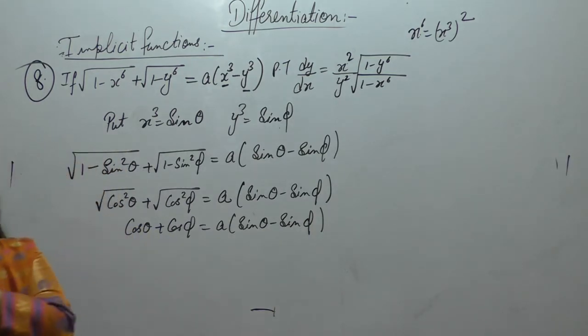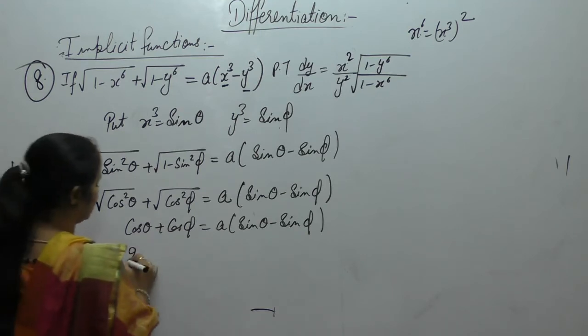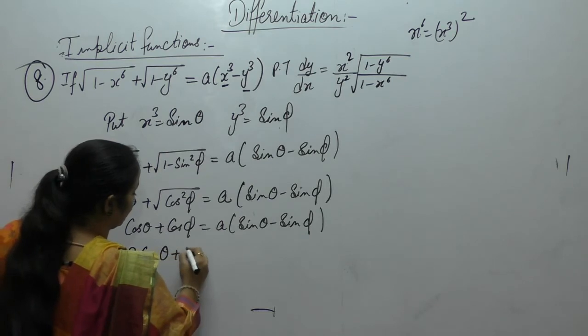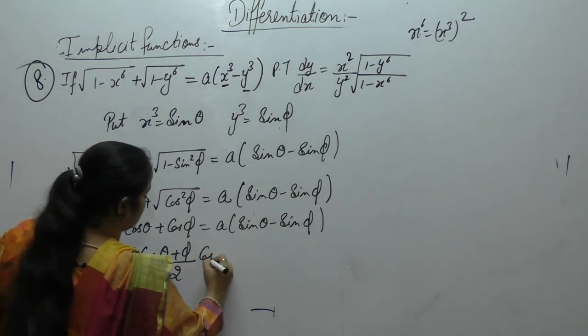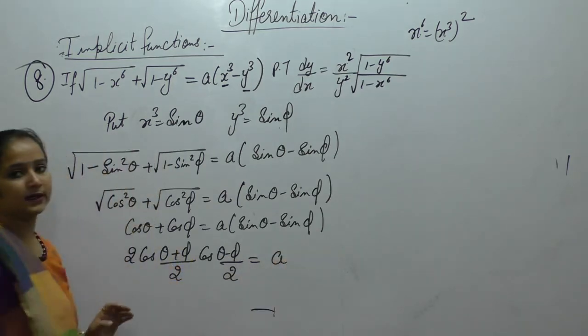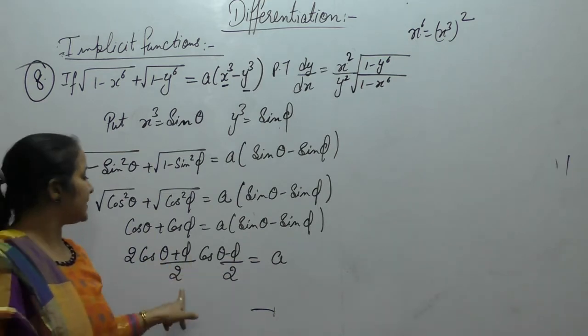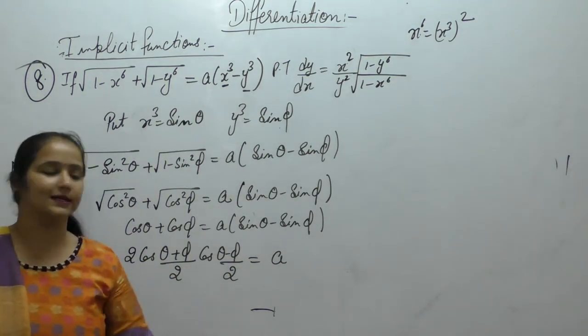We have the formula cos C plus cos D equals 2 times cos C plus D by 2 cos C minus D by 2. This is the formula: cos C plus cos D is 2 cos C plus D by 2 cos C minus D by 2.